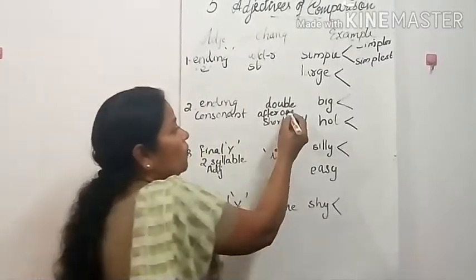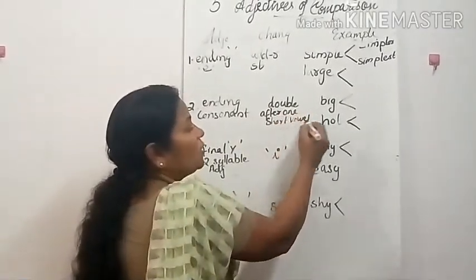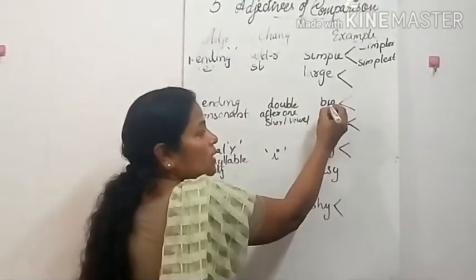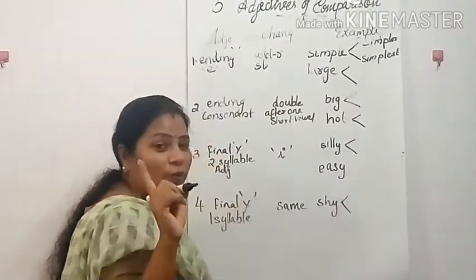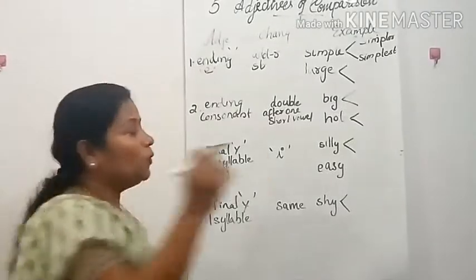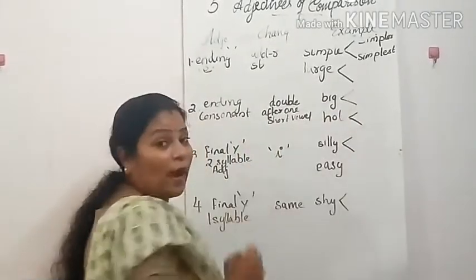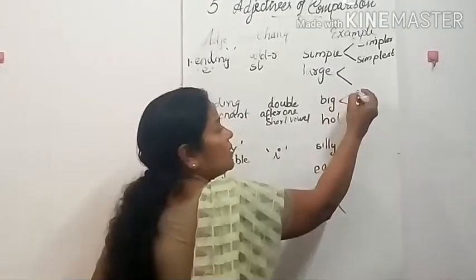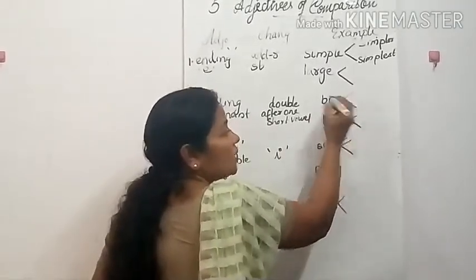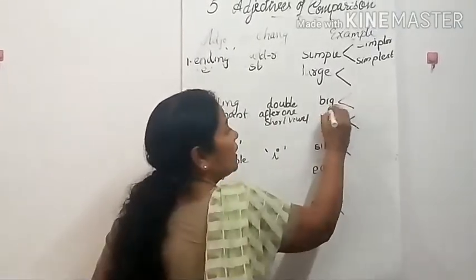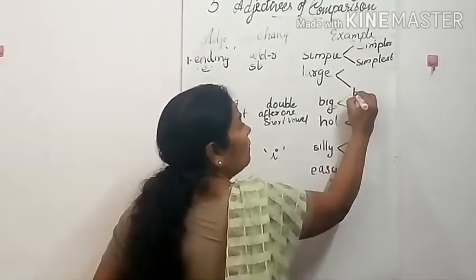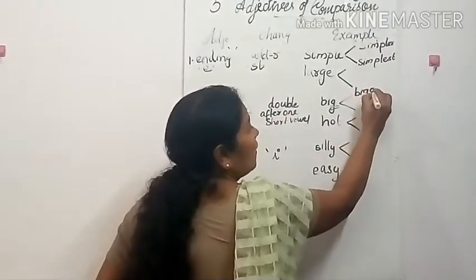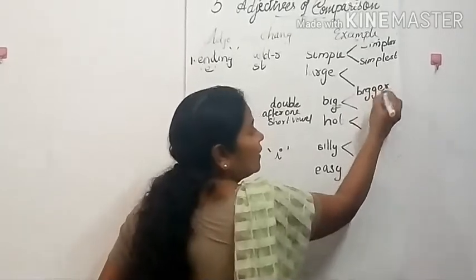Okay. So double after one short vowel. So a consonant, before that there is a short vowel, meaning A, E, I, O, U. Here we have I. Here we have O. So short vowel. So if that is the case, then we'll double the consonant. Okay, so we have comparative, what is that? Bigger, er.